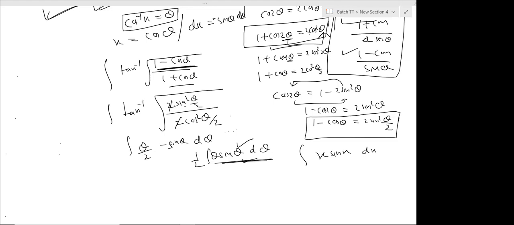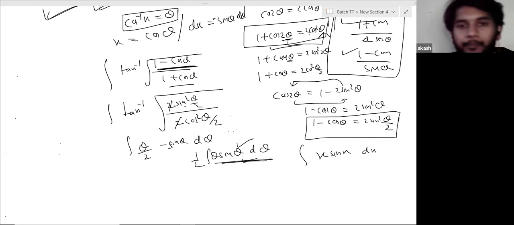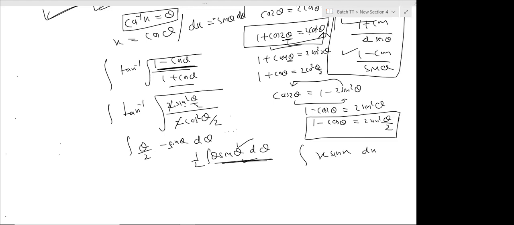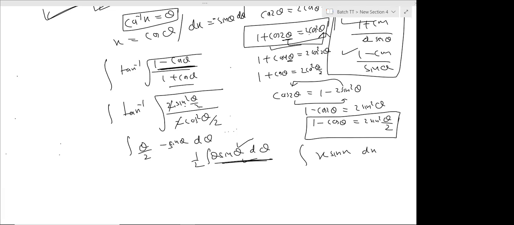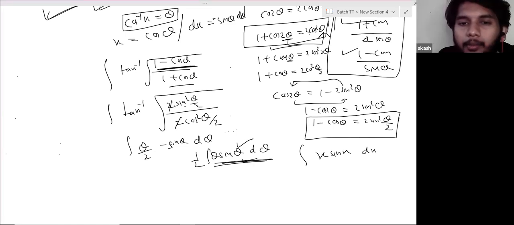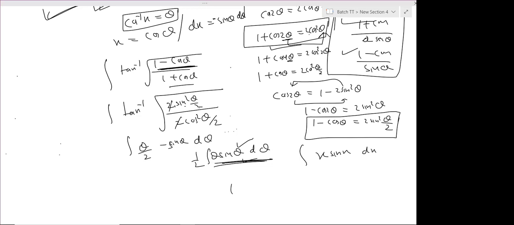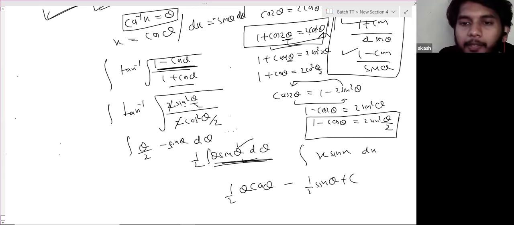So what we should replace with sine theta? Sorry, what we should do with sine theta, after the integration? Yeah, sir, after the integration. All right, after you use by parts, the answer you got will be 1 by 2 theta cos theta minus 1 by 2 sine theta, this is the answer plus c, right?